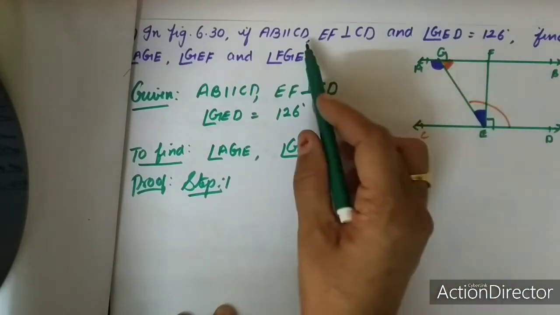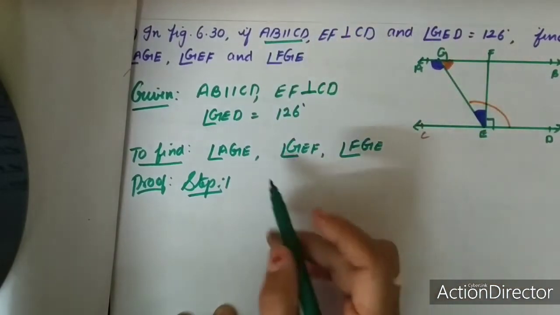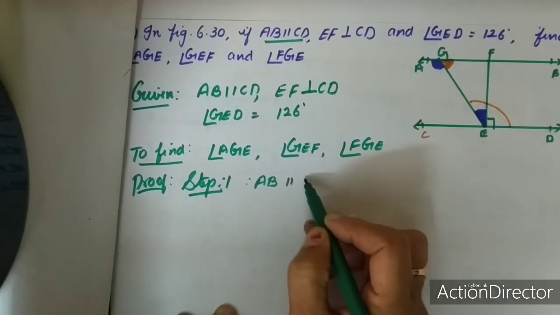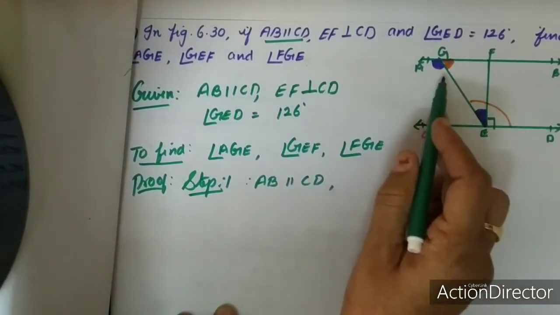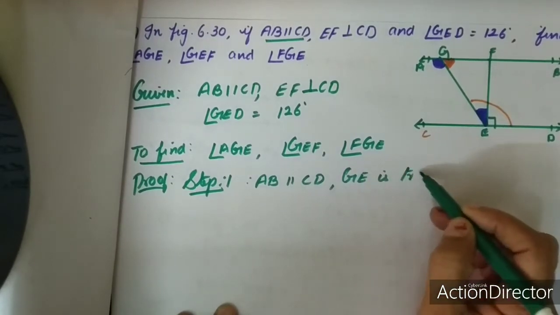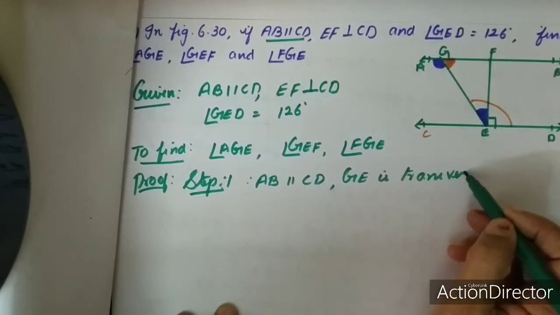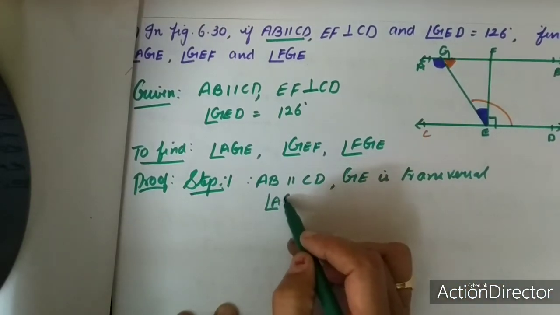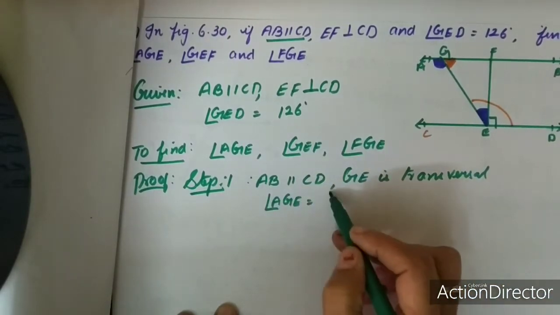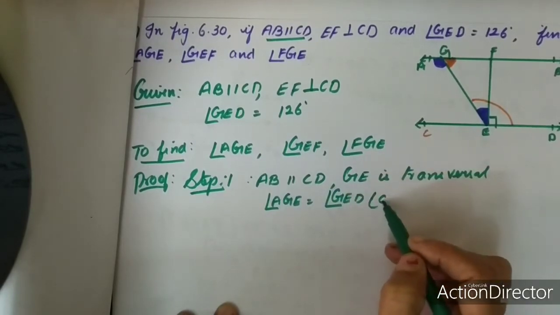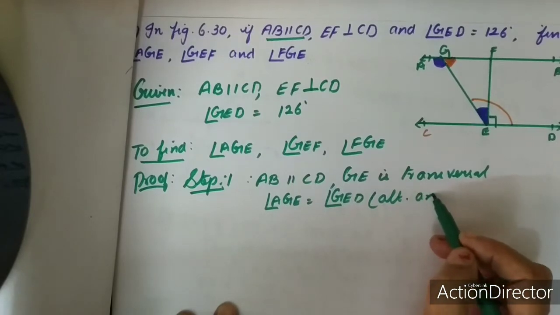Now you know the parallel line property. AB is parallel to CD, and now this GE is the transversal. So I can say angle AGE is equal to angle GED, in bracket alternate angles.